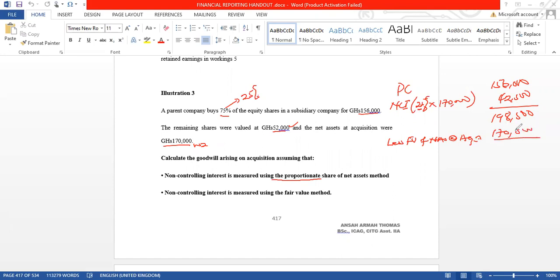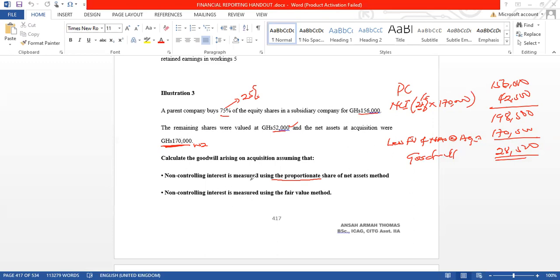So when you take 170 out, what you're going to get is 28,500, and that is your goodwill. So when the proportionate is used, you compute the percentage that you don't control on the fair value of net assets. This one is given to us, but in the normal typical exam question, we will have to work for it.